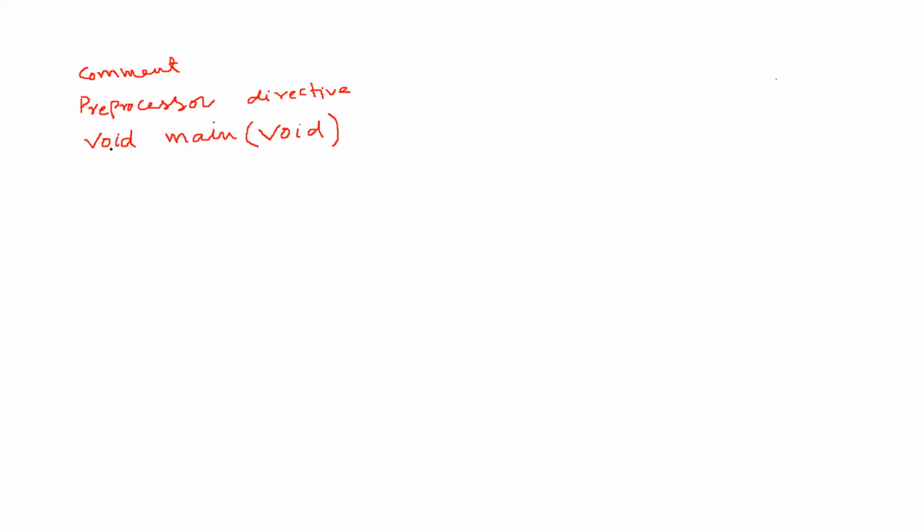The first void indicates that we are not going to take anything from outside into this program. Whenever we are coming to the program, we are not taking any inputs. So these are the inputs which are blank, and this is the output which is also blank here.